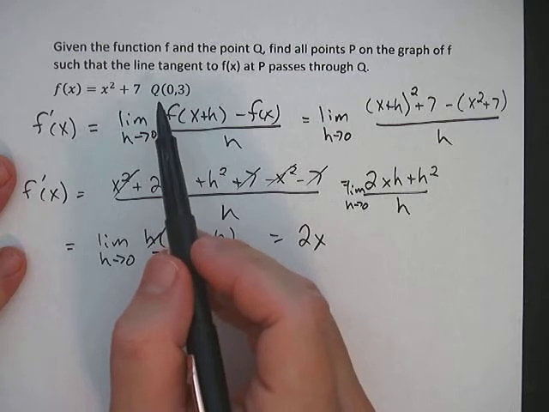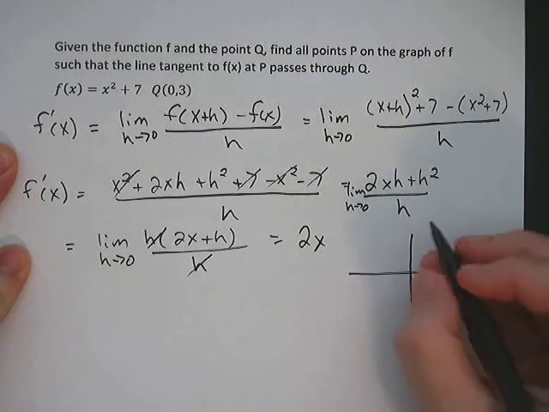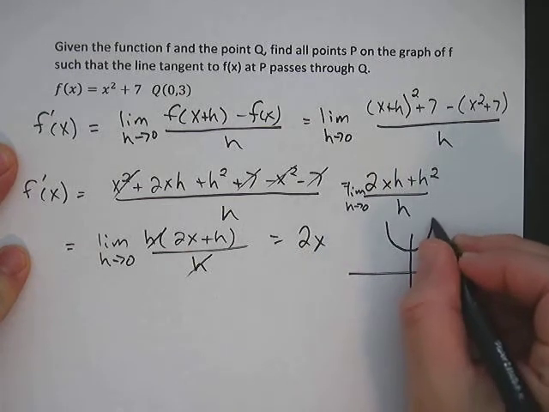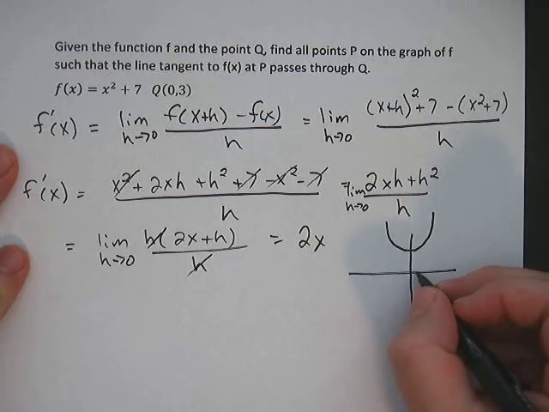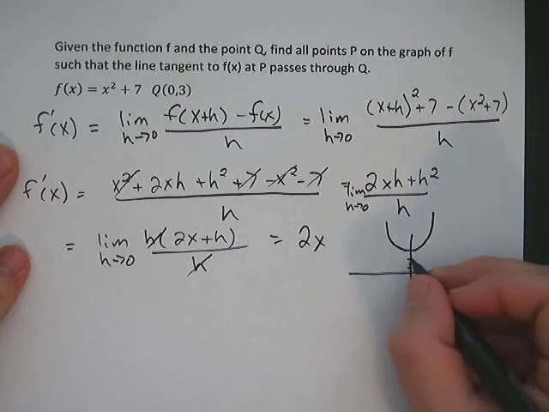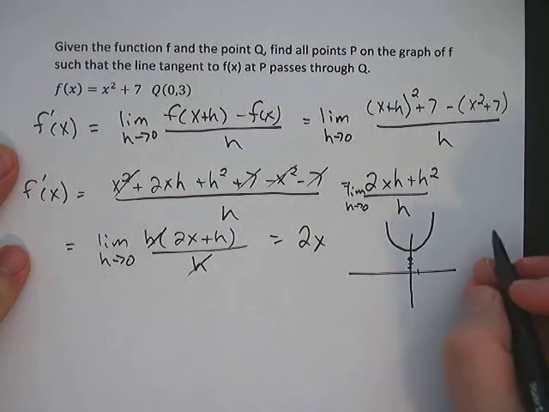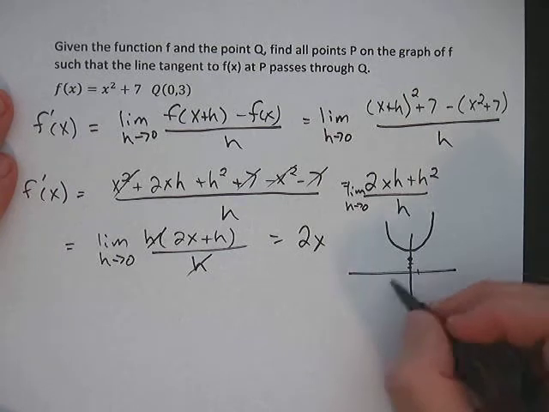So we've got these tangent lines. First of all, we've got this parabola, which has been shifted up here. And we have this point 0, 3, which would be here. It's asking where we need a tangent line, or maybe more than one tangent line, that passes through that point.